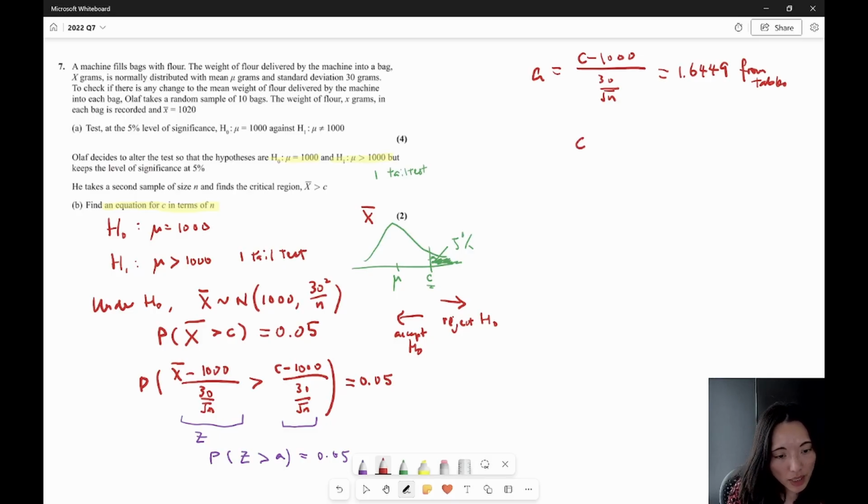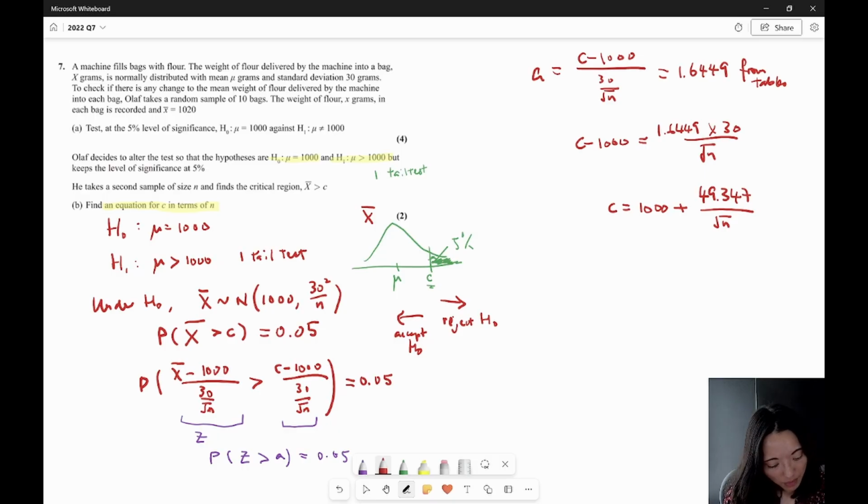In order for us to have C in terms of n, we multiply 1.6449 by what's at the bottom. Therefore, C equals 1000 plus 1.6449 times 30, which gets us to 49.347, over root n.